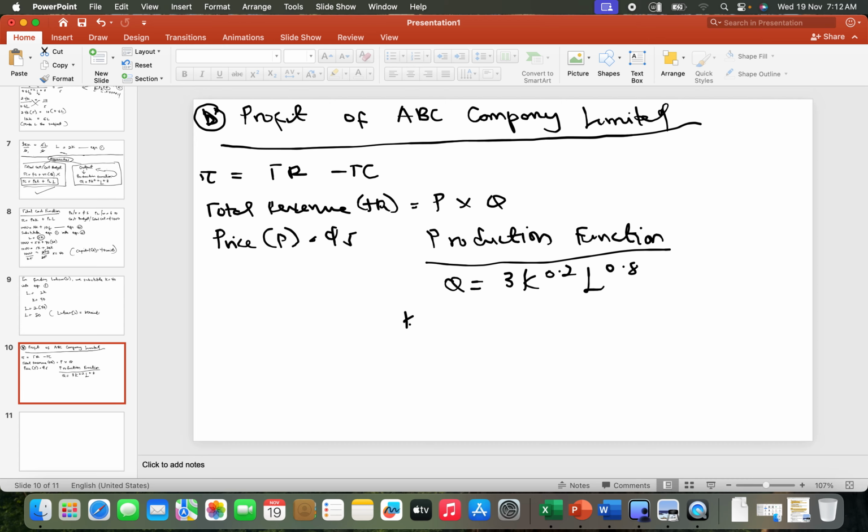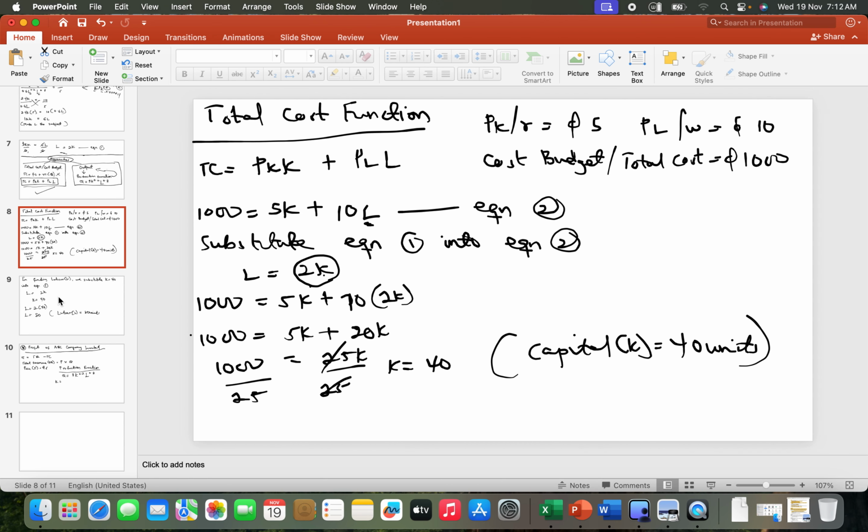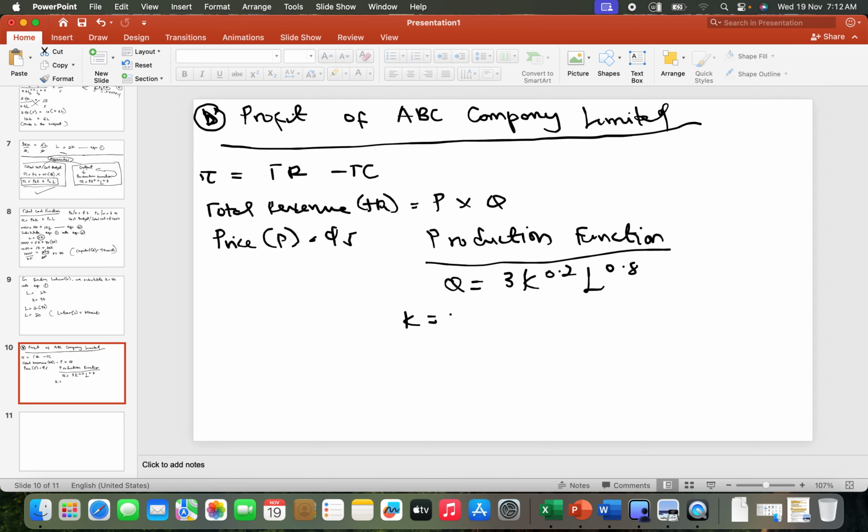Now we solved it and we had K to be 40. We had L to be 60. So K is 40, L is 60.